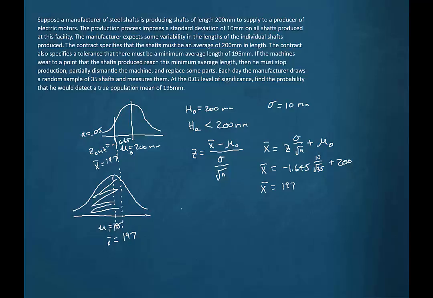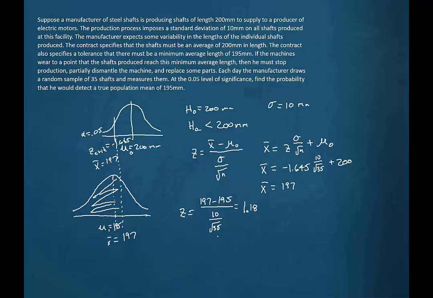We would find that by calculating a z-value. So our z-value now is going to be same formula. This time we're going to have 197 minus 195 divided by 10 over the square root of 35. And the result is 1.18.